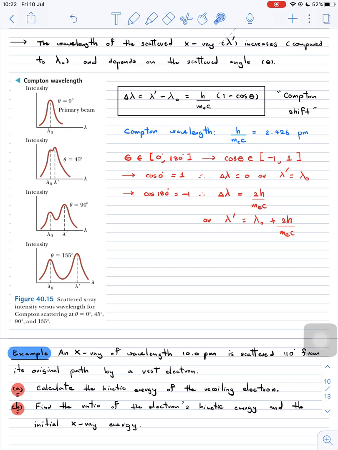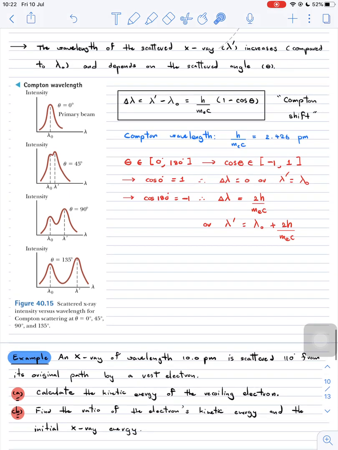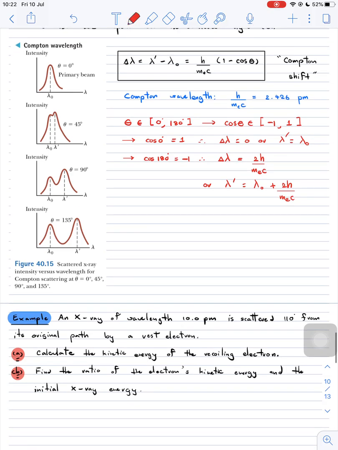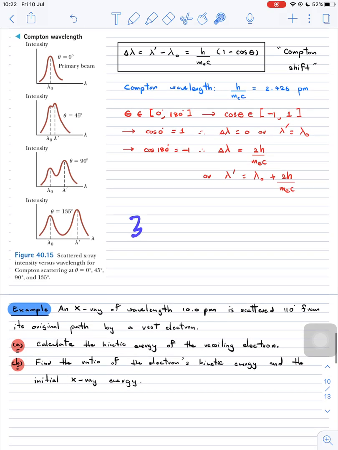Now we said that h over m_e times c, the Compton wavelength, is just about a picometer. This is the reason why this works for the X-ray but not for visible light, because visible light wavelength ranges from 350 nanometers to 750 nanometers, something like this.